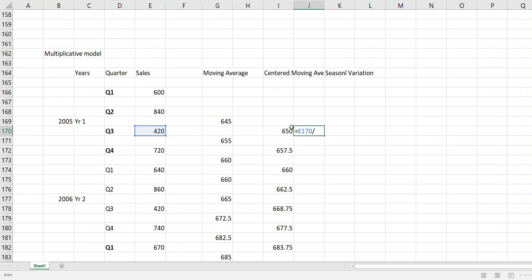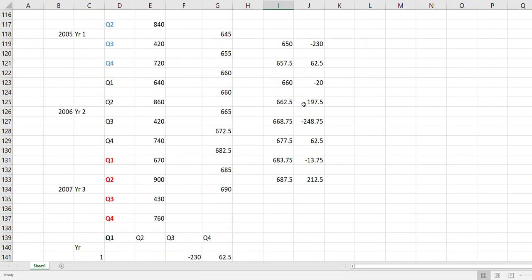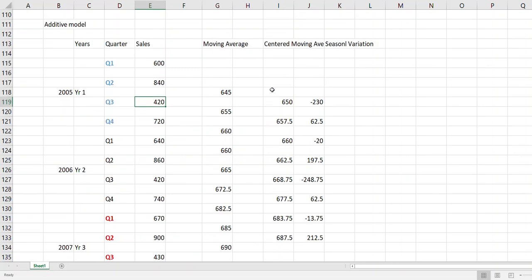So if actual data is more than the average, the problem is you might forget whether to divide this by this or this by this, or whether to minus this from this or this one from this one. So remember, in the multiplicative model, if the average is lower, then the seasonal variation should be lower.